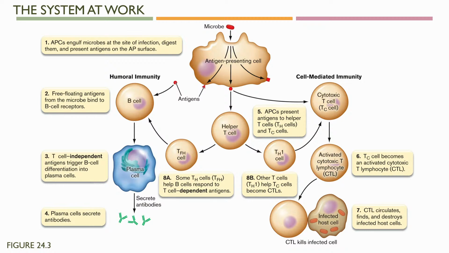And then this cytotoxic T cell is activated once it binds to the antigen, and then it can ingest that antigen, takes it up, and then it can kill, because that's what cytotoxic T cells do. They basically circulate and find and destroy the infected host cell. Any questions?